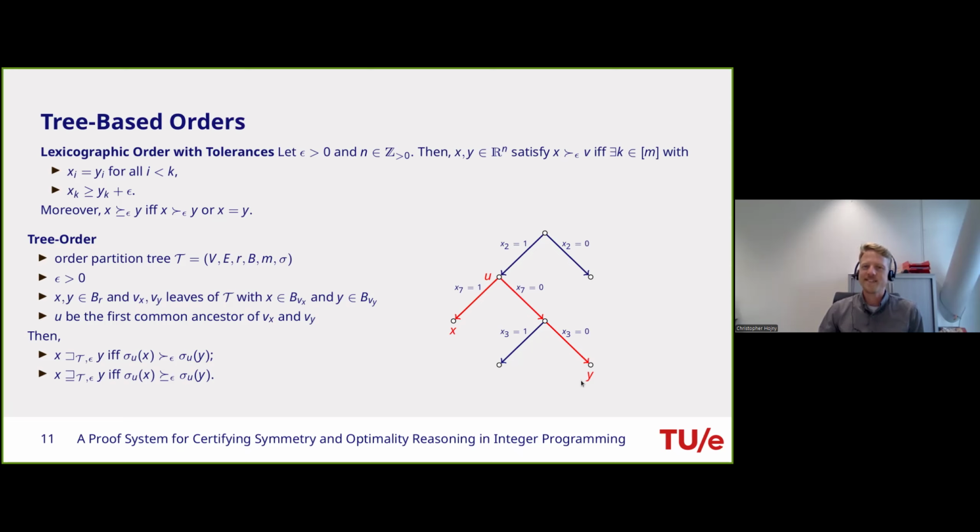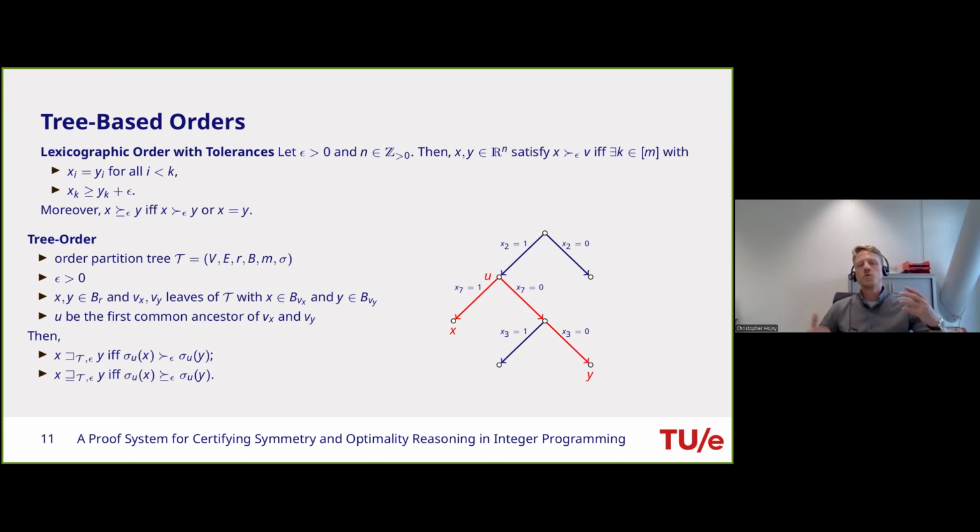We have that there is exactly one of the leaf nodes that satisfies one of these solutions. And then we check what is their deepest common node, or their first common ancestor, u, in this example here. And then we use this strict lexicographic comparison at node u, which is defined by these maps sigma u that we defined on the previous slides.